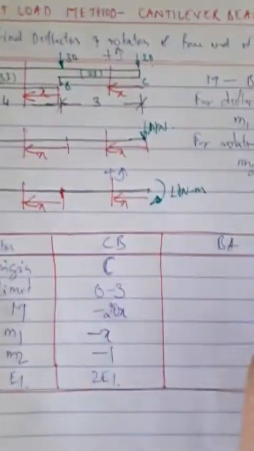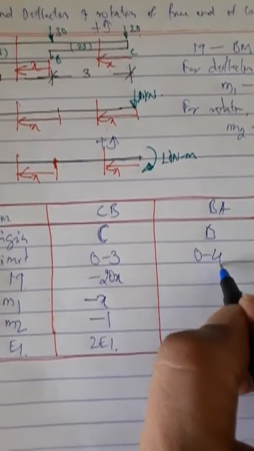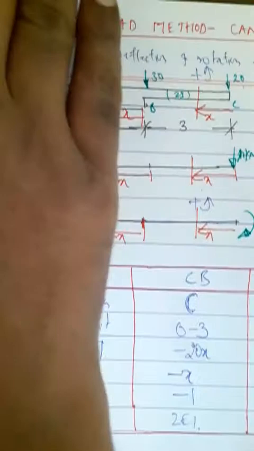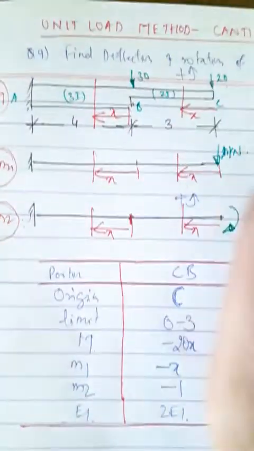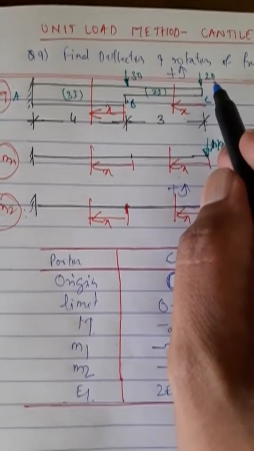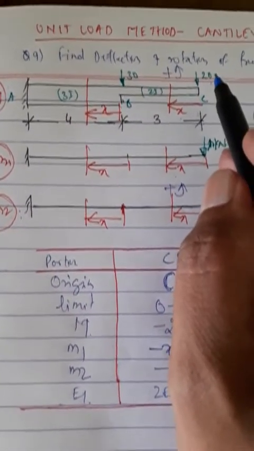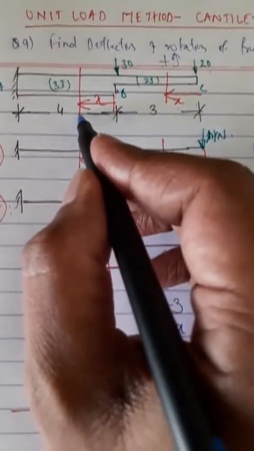Now come to portion BA. From here till here, origin is B, limits are 0 to 4. Now I have to find out bending moment at this section. Forget this much part, consider part of the beam between C and this. Now bending moment due to 20, load into perpendicular distance, from here till here.